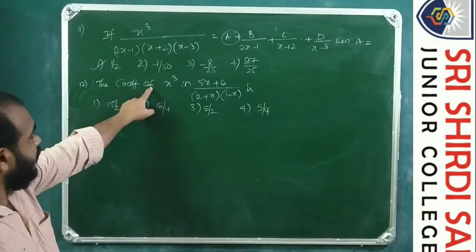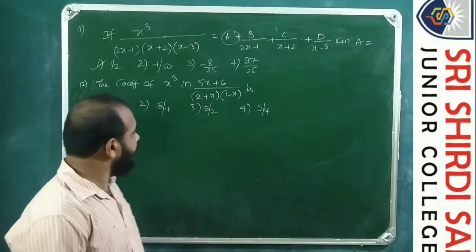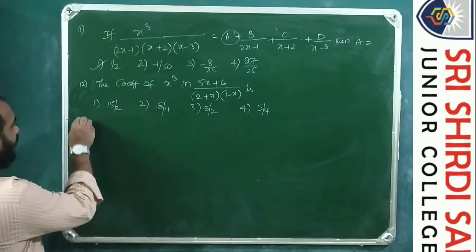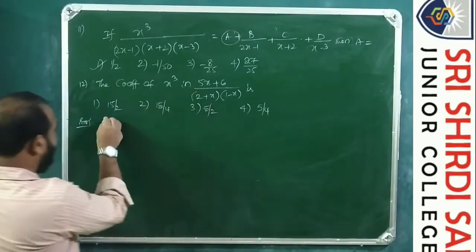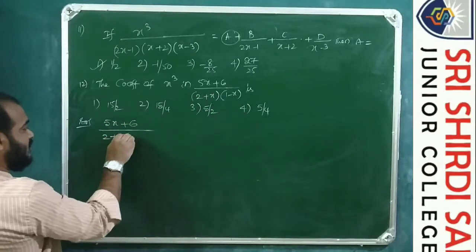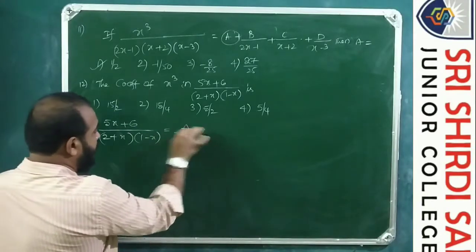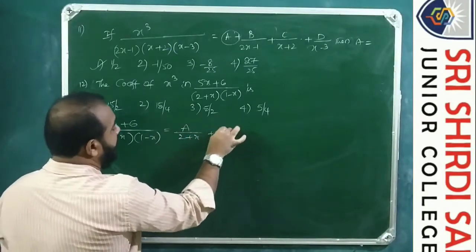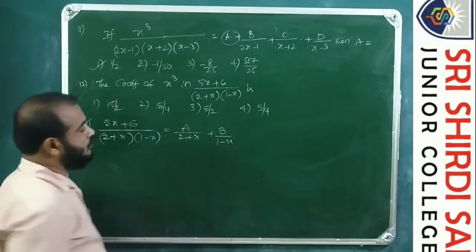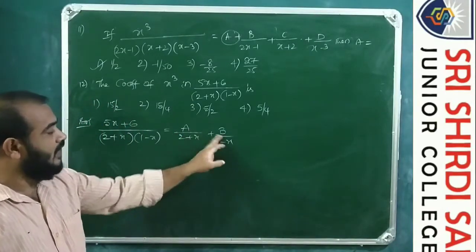The coefficient of x cube in (5x plus 6) by (2 plus x) into (1 minus x) is, the options are given. First of all, (5x plus 6) by (2 plus x) into (1 minus x), the partial fraction for which is a by (2 plus x) plus b by (1 minus x). So we have discussed how to evaluate a and b.